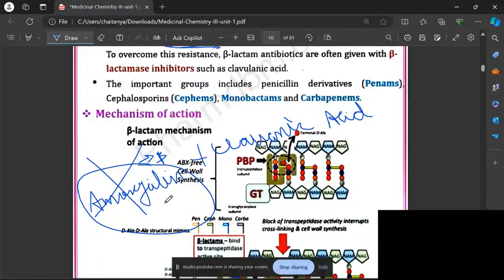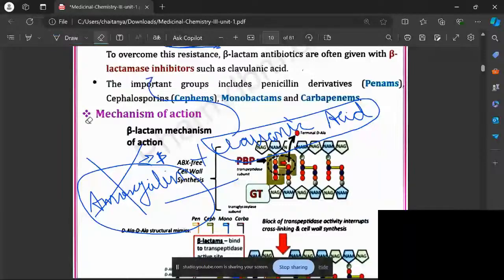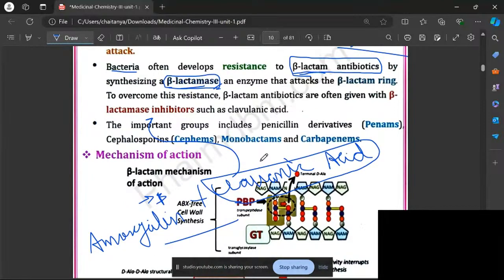So the scientists took the combination with clavulanic acid, which is an inhibitor. This clavulanic acid will inhibit the beta lactamase. When there is no beta lactamase, amoxicillin will directly kill the bacteria.